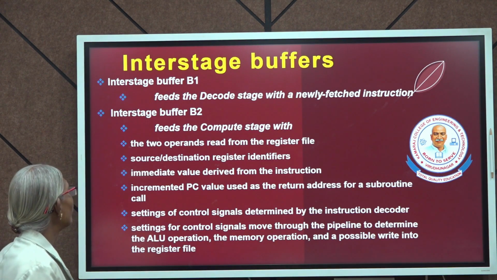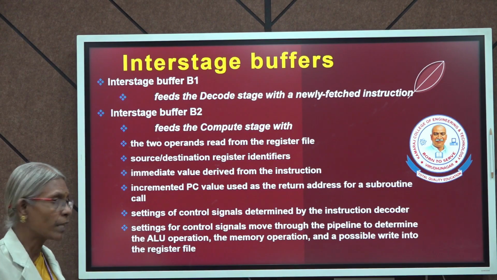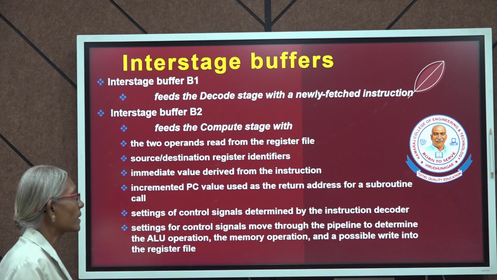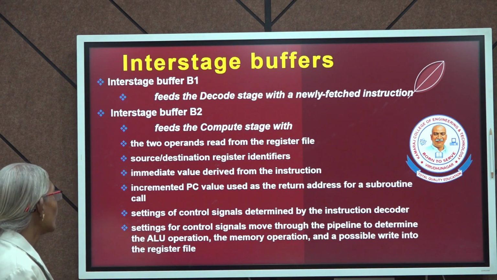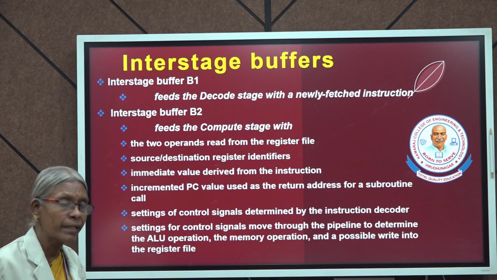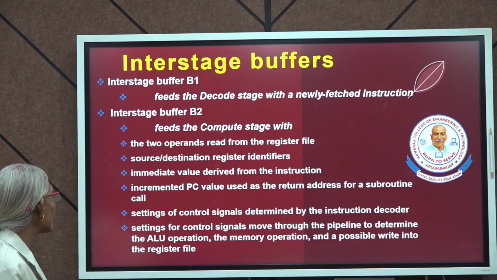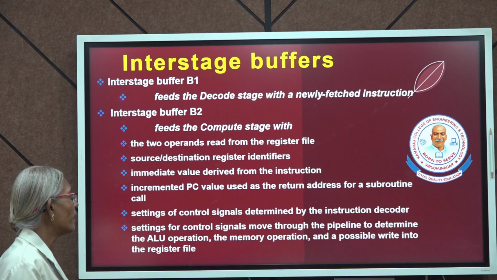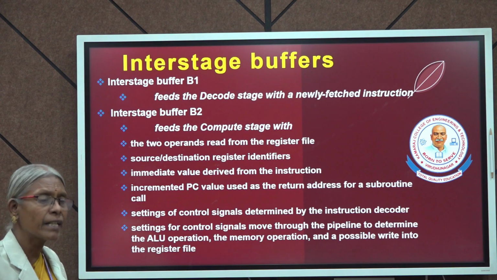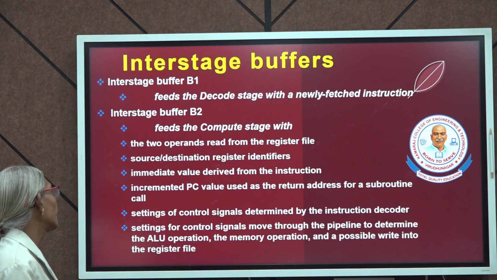Now this buffer feeds the compute stage with the two operands read from the register file, the source and destination register identifiers, the immediate value derived from the instruction, and the incremented PC value, which is used as the return address for the subroutine call.